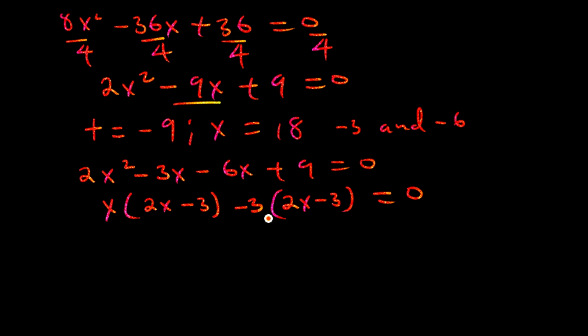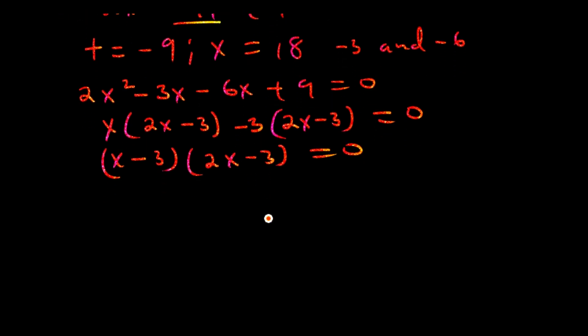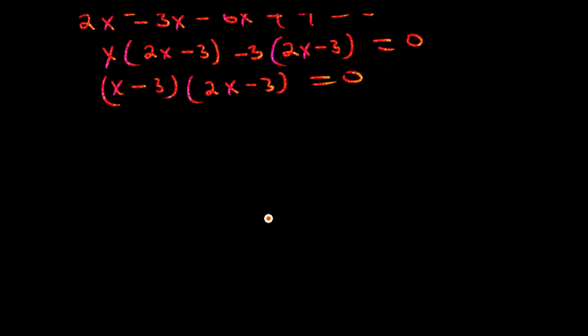So we take the ones outside the bracket, that is x minus 3, and then we multiply by 1 on the ones in the bracket, that is 2x minus 3 is equal to 0. So when we have a product of two numbers being equal to 0, it means one of them must be 0.